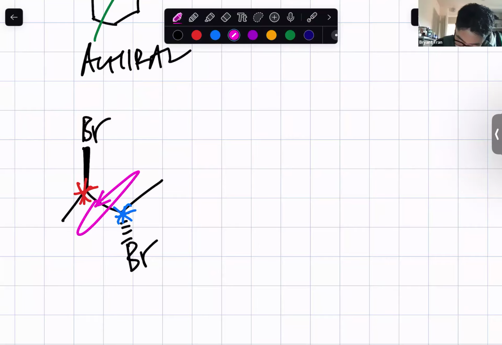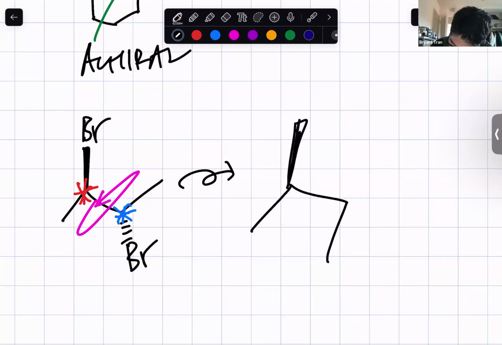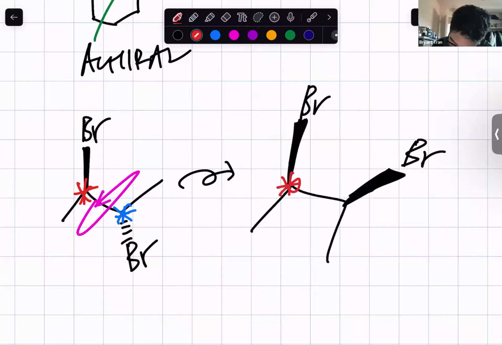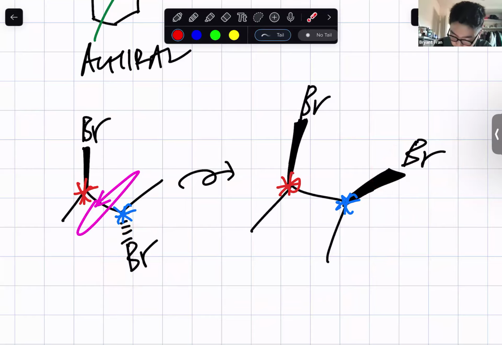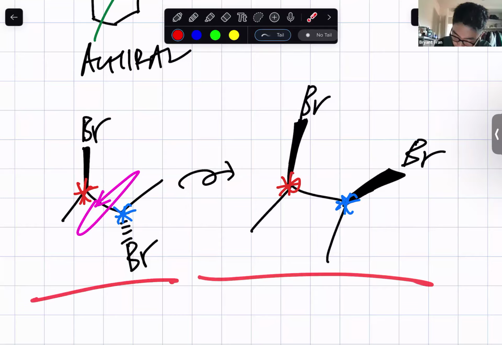So when we do rotation like that, we're gonna get this molecule redrawn, where this is the red chiral center, this is the blue chiral center. And the reason why we inverted the dash bromine to the wedge bromine was because we want this molecule to be the same molecule as this molecule here. We just rotated this bond, right?